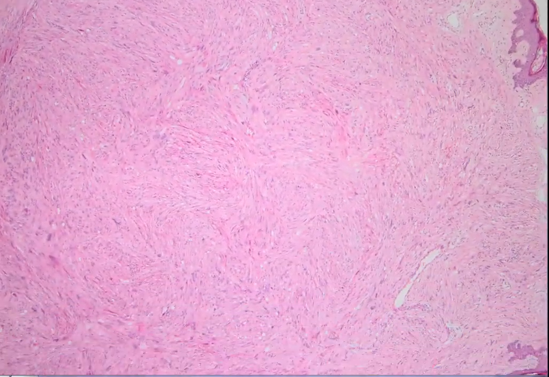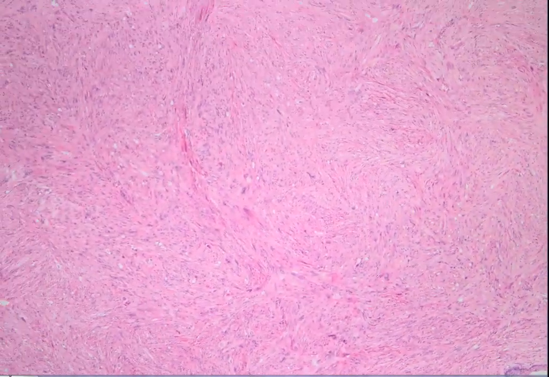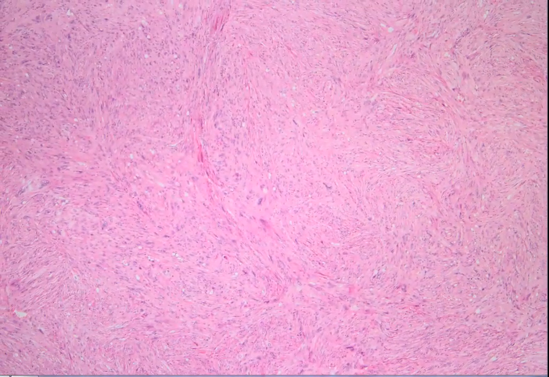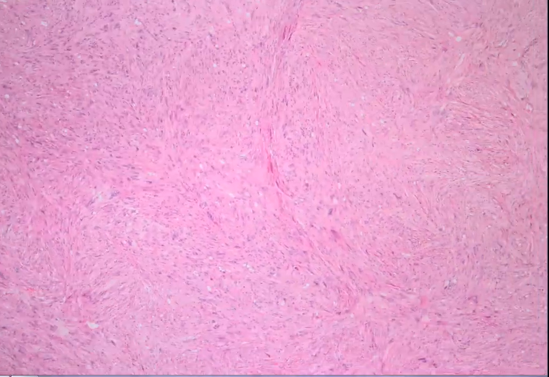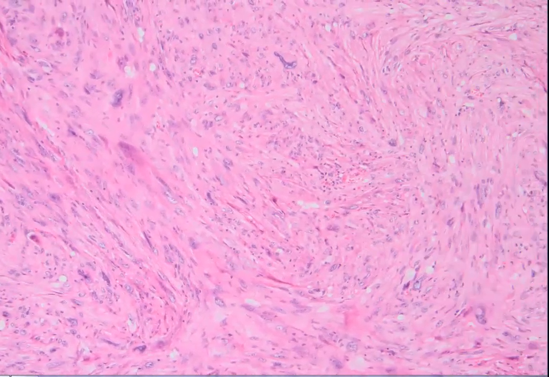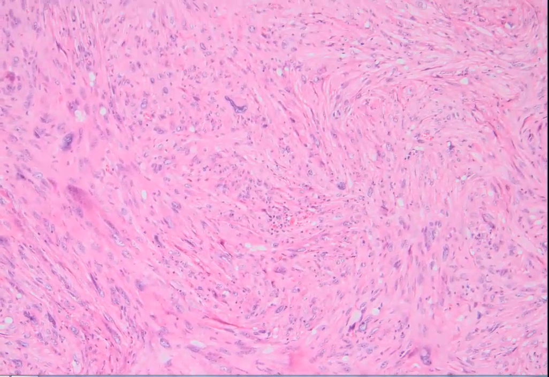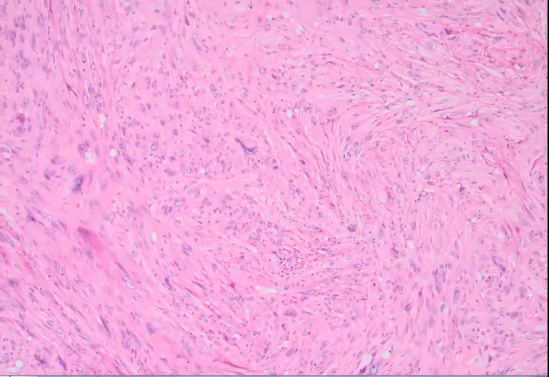The characteristic of this mass is that we have fascicles formed by spindle cells, as you see here, and we have a striking pleomorphism.